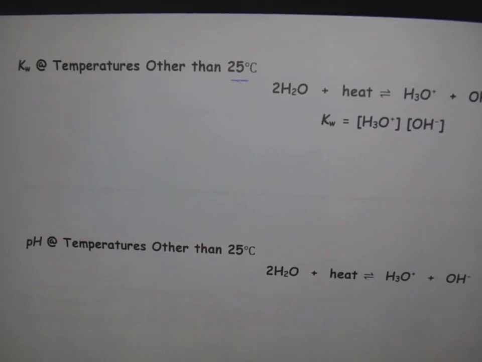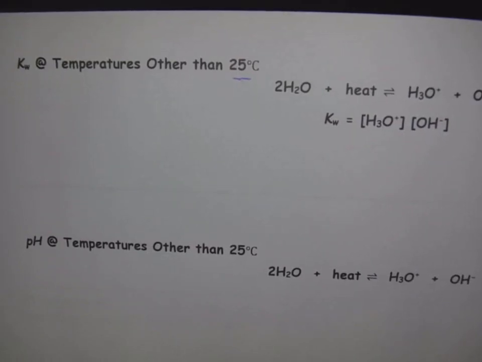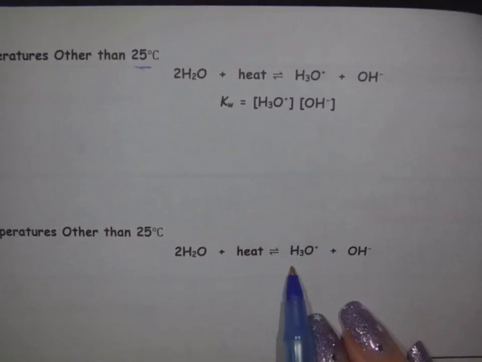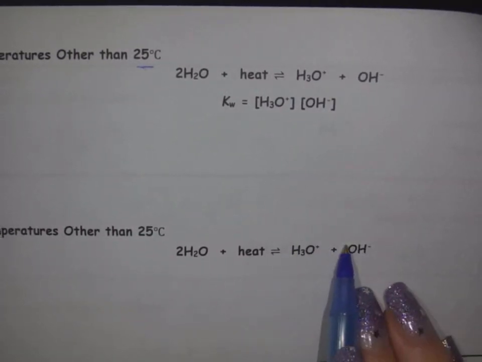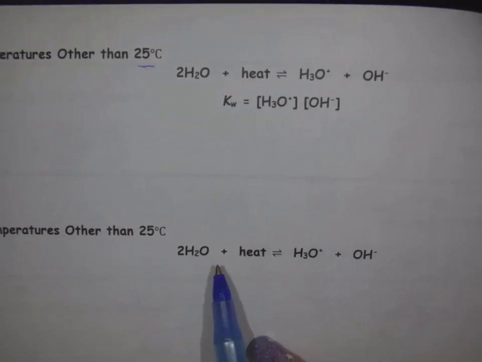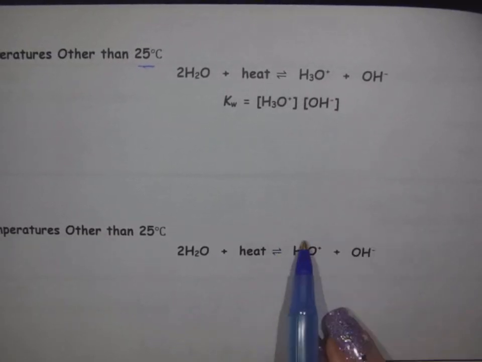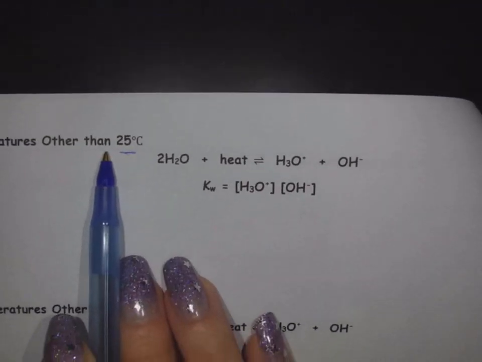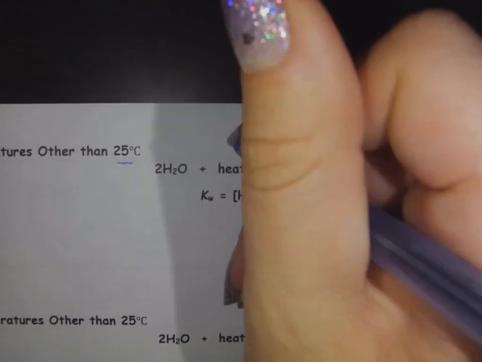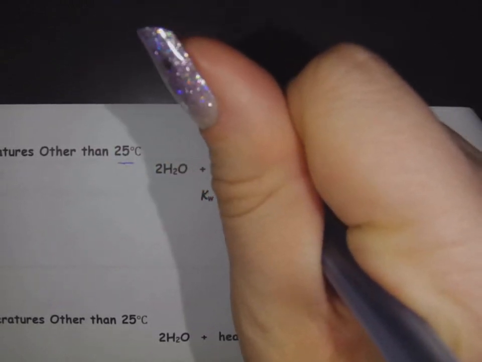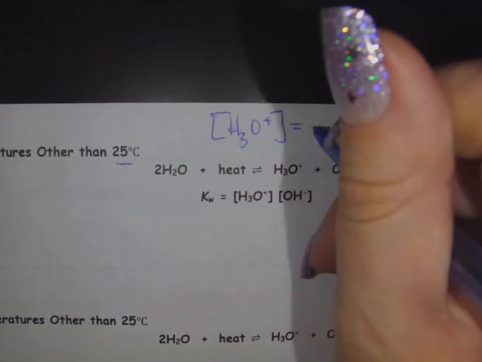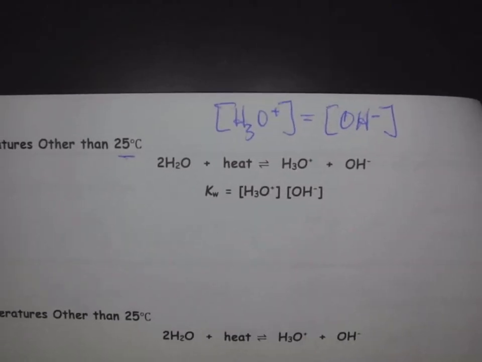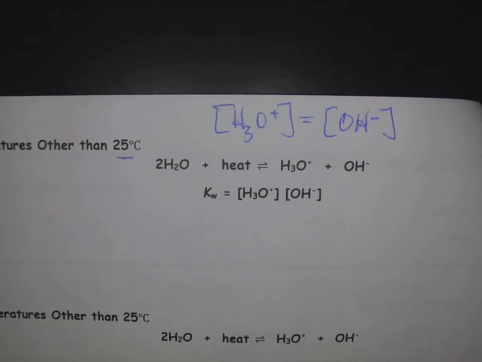I need you to know that when the temperature is higher for water, we get a greater amount of hydronium and hydroxide, but if the temperature is less than 25, then we get a lower concentration of hydronium and hydroxide. But what is always true, no matter the temperature, is that the concentration of hydronium is equal to the concentration of hydroxide. This is always true when it's pure water.